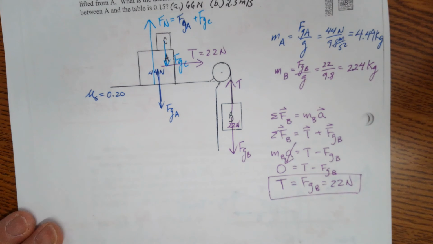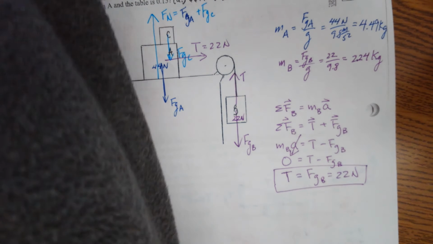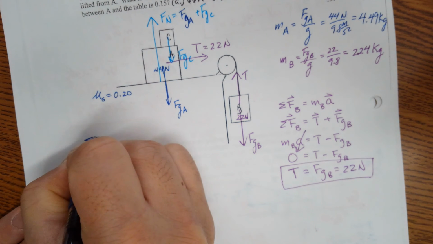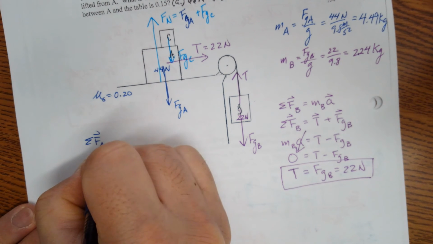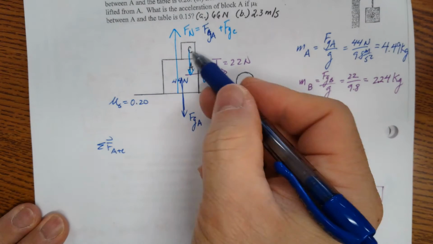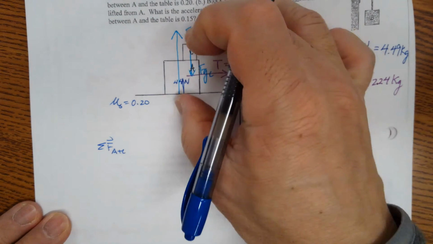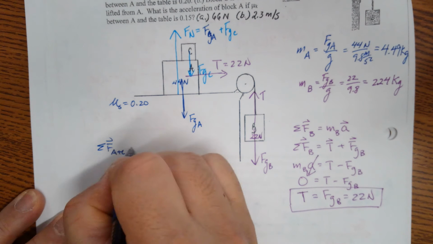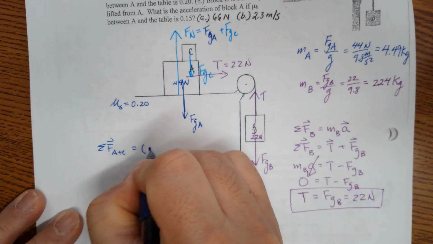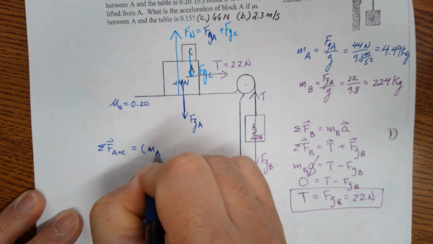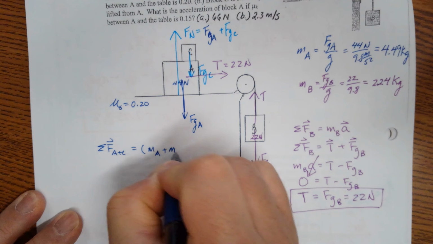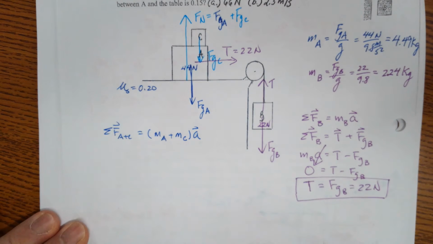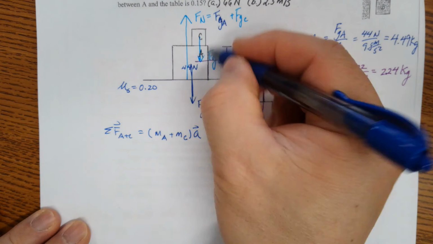So if I take the sum of all forces for A, it's A plus C really, because C is on top of it, and they're going to act as one. That is equal to MA plus MC times A, because they're going to behave as one.